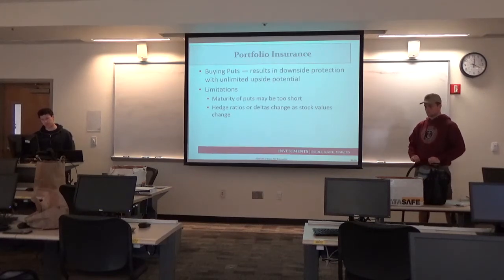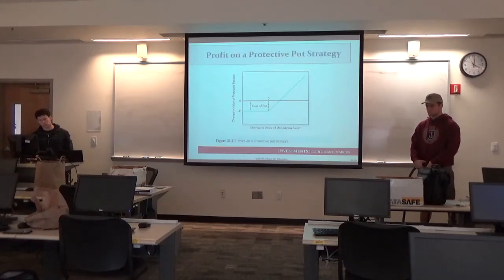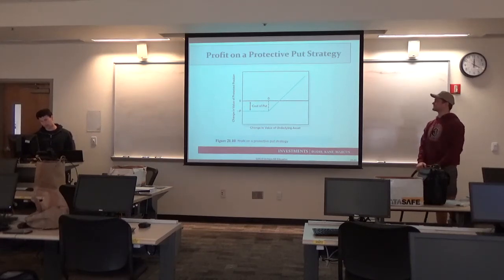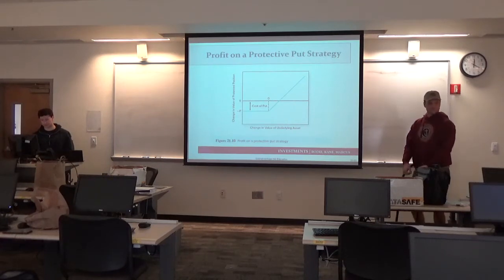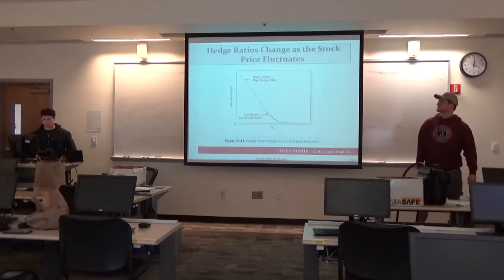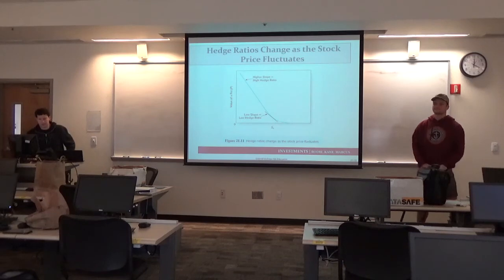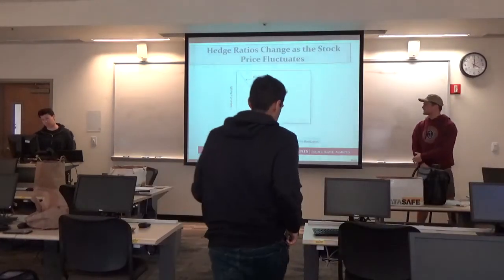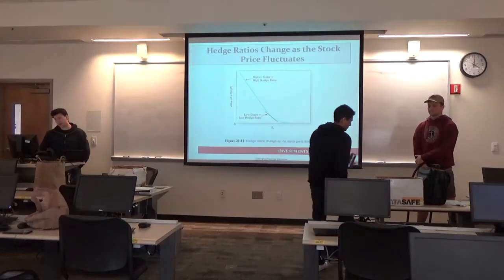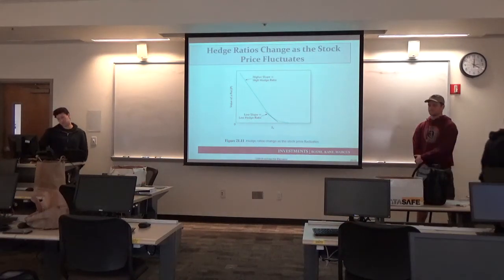Limitations are that the maturity of the puts may be too short, or the hedge ratios or deltas change as stock values change. Then another graph shows the profit on the protected put strategy, as we see the change in value of the underlying assets. Another graph shows hedge ratios changing as stock price fluctuates. As you see, higher slope is a higher hedge ratio, lower slope is a lower hedge ratio.